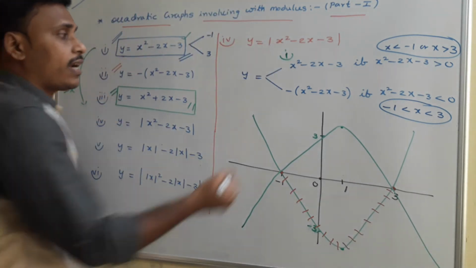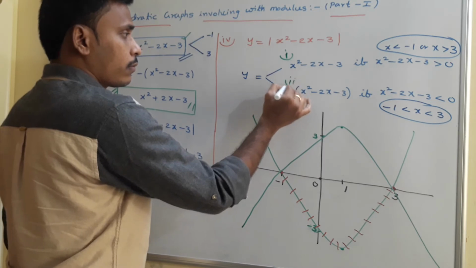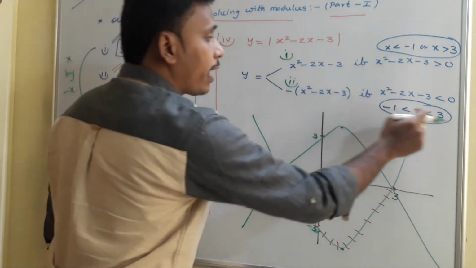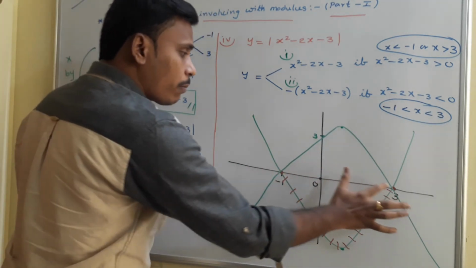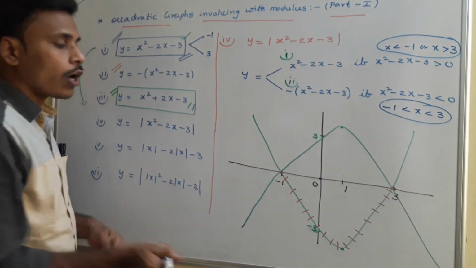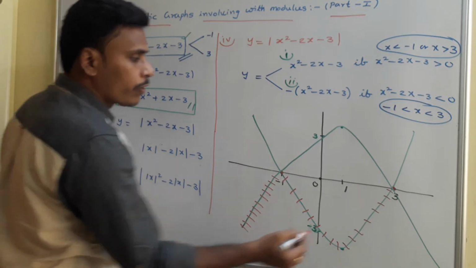This is the graph of the second expression. We need to consider the second graph only in between minus 1 and 3. So in between minus 1 and 3, you need to think about this second graph, and you are not allowed to take the second graph in this outer region, so neglect it.